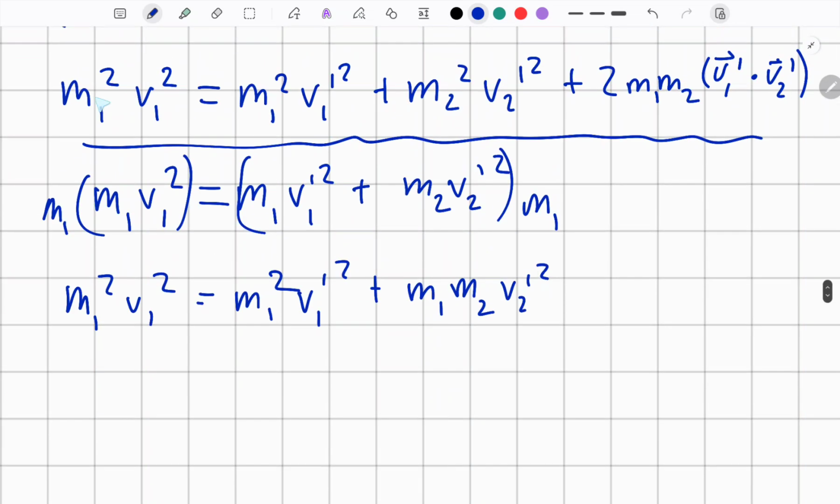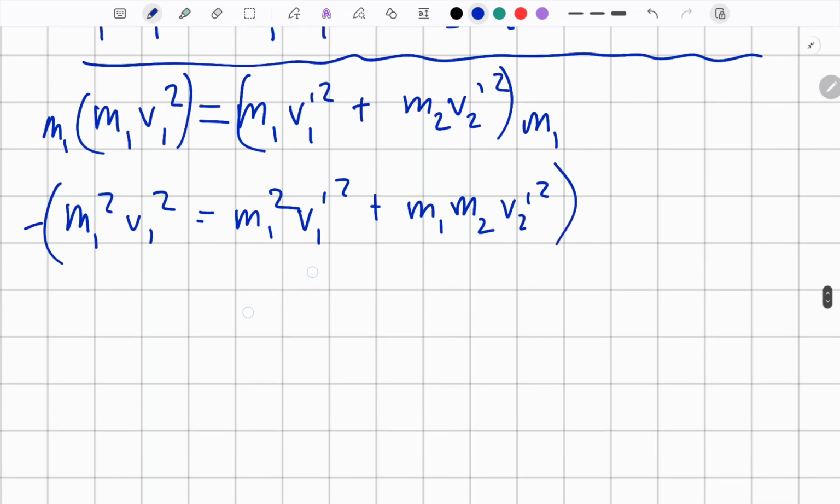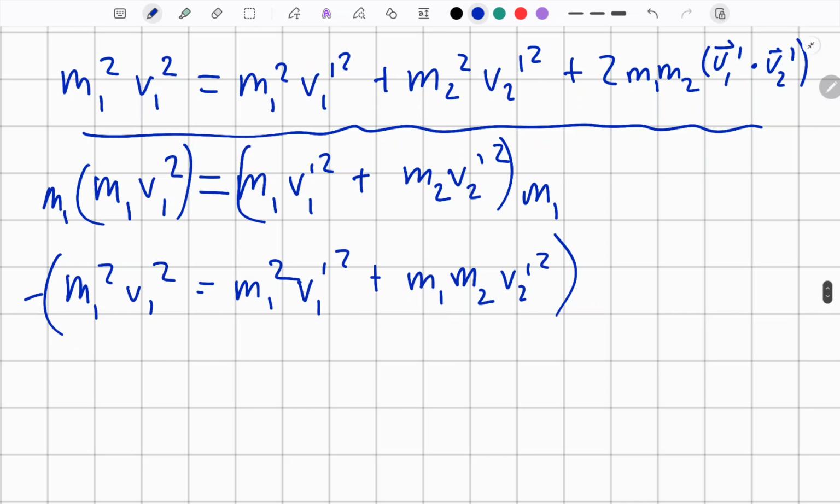Now we can go ahead and subtract that from this equation, our kinetic energy multiplied by m1 on both sides, from the equation that we gained from momentum. Make sure you do it to both sides.